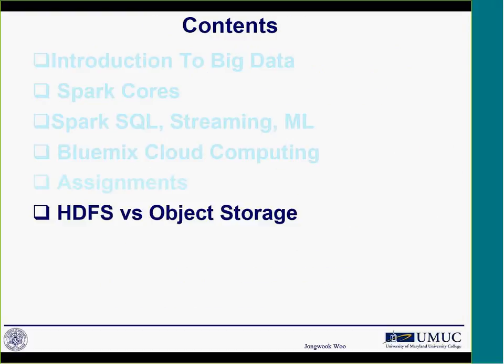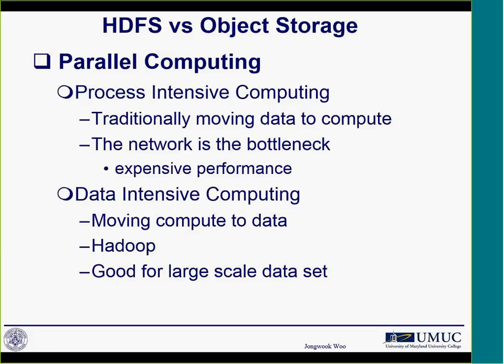And then finally, I want to show you the difference between Hadoop file system and object storage again. As I mentioned, the supercomputer, the traditional parallel computer, is based on process-intensive computing. That is to move data to the computing server.